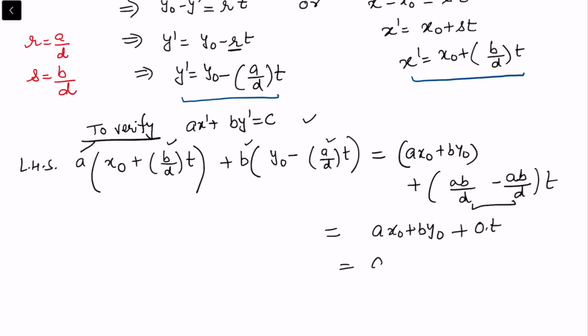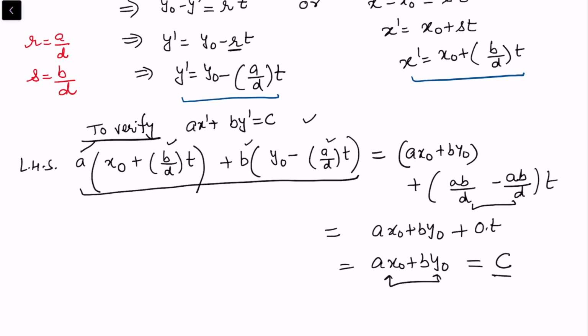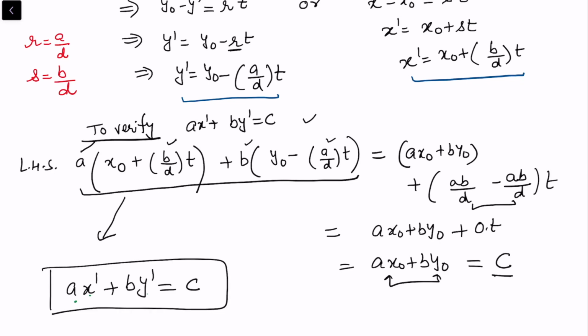So that is same as ax naught plus by naught, and this is the given solution, that x naught and y naught is the solution for the linear Diophantine equation. So certainly this is c. And this means that this side is also equal to c, and this is same as we have substituted the value ax dash plus by dash equal to c. So that means this x dash and y dash satisfy the linear Diophantine equation, and these act as any other solution for the linear Diophantine equation.